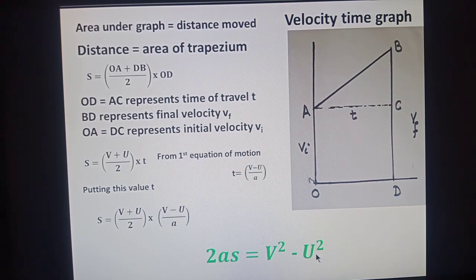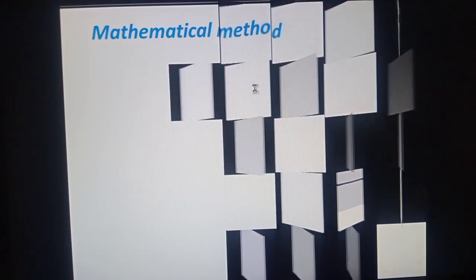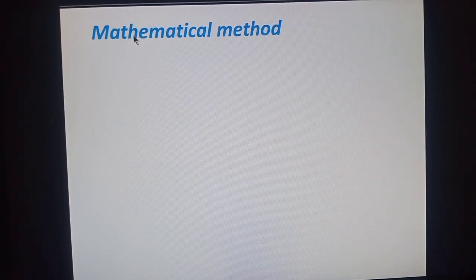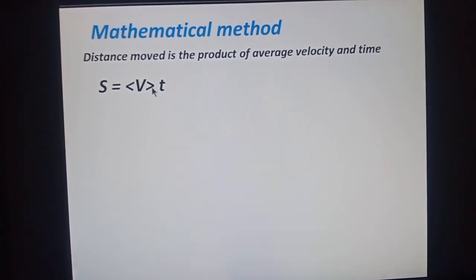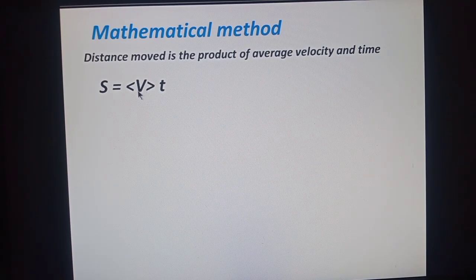Students, the same relation will now be calculated using the mathematical method. In deriving this equation using the mathematical method, we use the definition that distance moved is the product of average velocity and time, and it means S = v̄ × T, where the bar is for average.